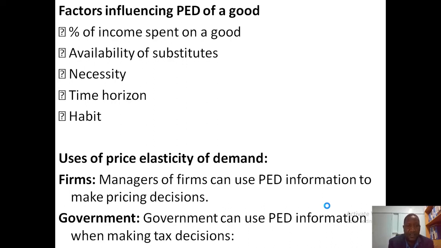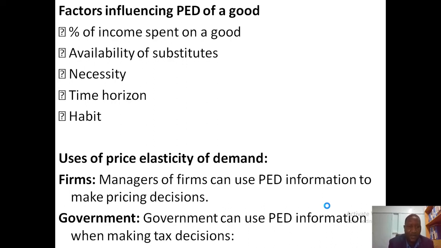The price elasticity of that particular good will be inelastic. If you are spending a bigger proportion of your income on a particular good, then the PED for that good will be elastic.